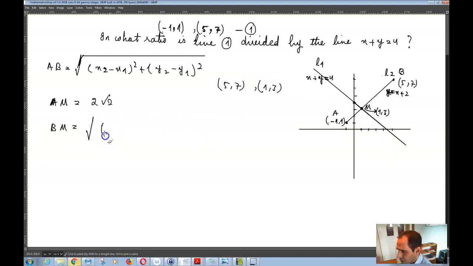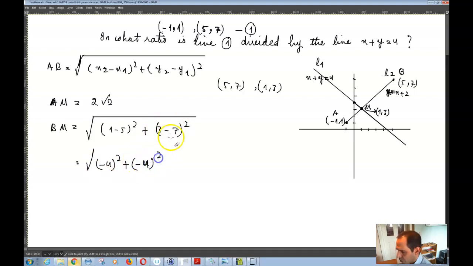So you can write this as the square root of (1 minus 5) all squared plus (3 minus 7) whole squared, which is equal to the square root of negative 4 squared plus negative 4 squared, and that's basically 16 plus 16, that's the square root of 32, which is equal to the square root of 2 times 16, which is equal to 4 square root of 2.